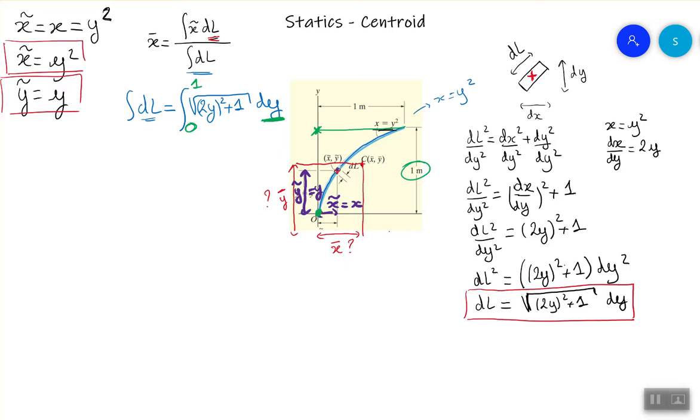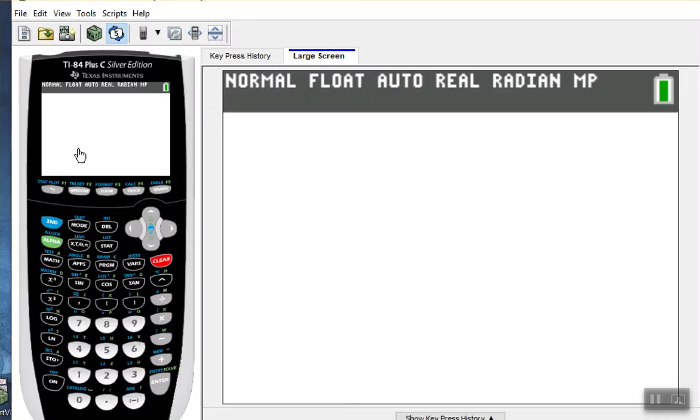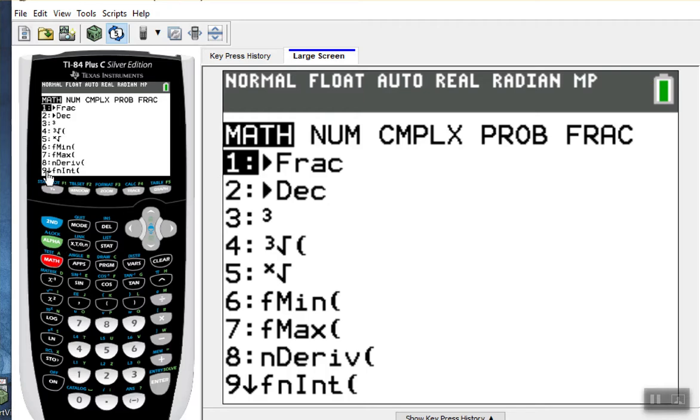Basically, you can put this in your calculator. Let's see how we will enter this integral in our calculator. I will show you for a TI-84 Plus. For integrals, you go on math, and at number 9, finite integral.